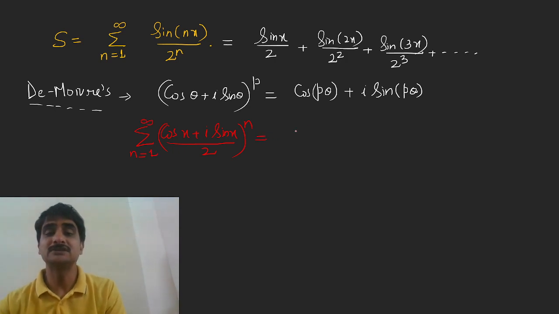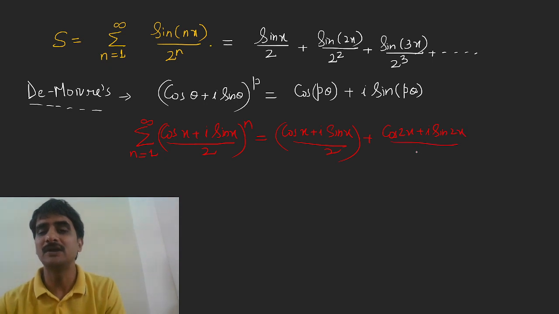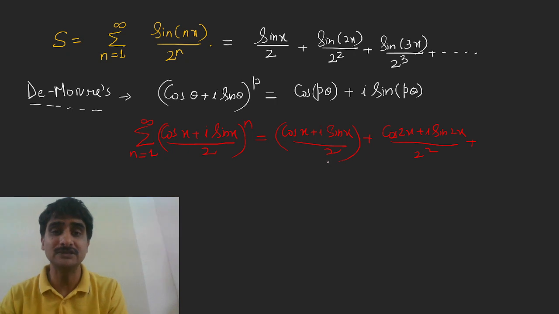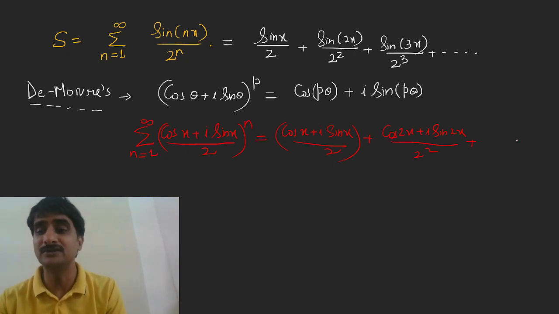Now just expand it. When you put n equal to 1, you get cos x plus iota sin x by 2. Put n equal to 2: by de Moivre's theorem, cos 2x plus iota sin 2x by 2 square. Similarly, when you replace n by 3, you get cos 3x plus iota sin 3x by 2 cube, and so on.